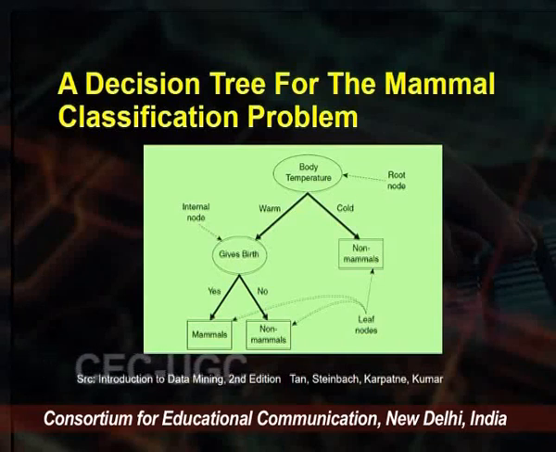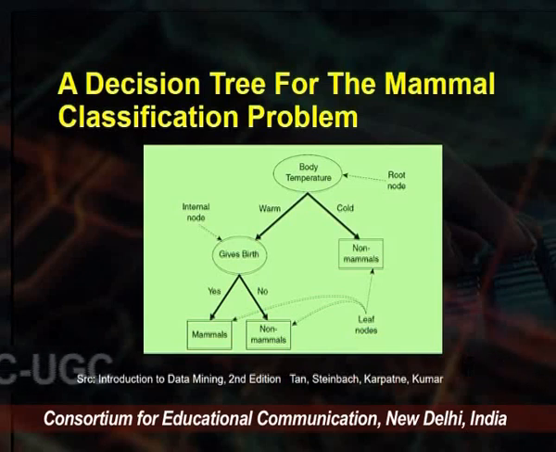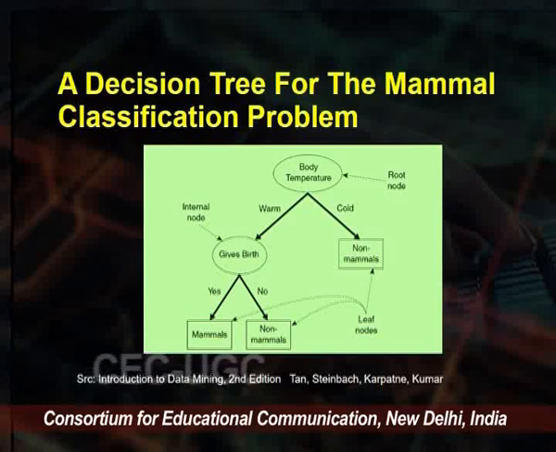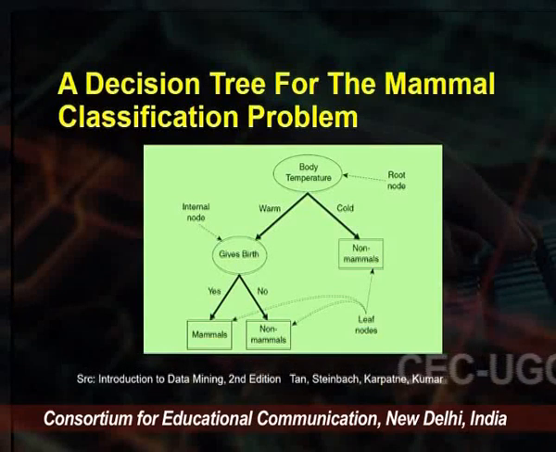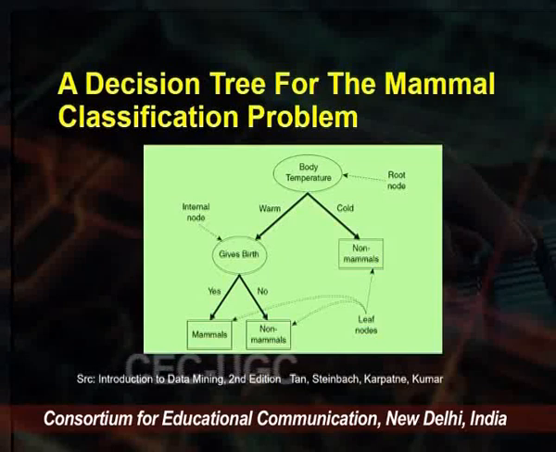If the body temperature is cold, then you come to the leaf node saying that it is not mammal. So this is the class identifier which is given, right? Now in this case the body temperature node is the root node because it does not have any incoming link, but it has got two outgoing links, right? So now the second answer which you get is warm blooded.